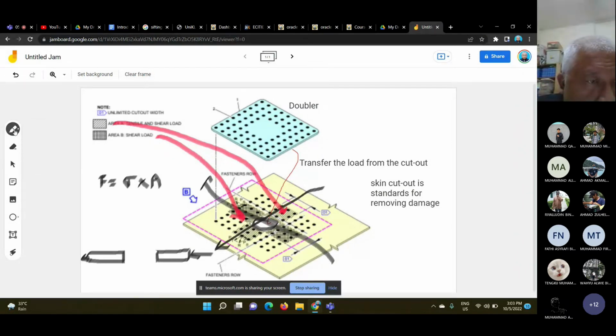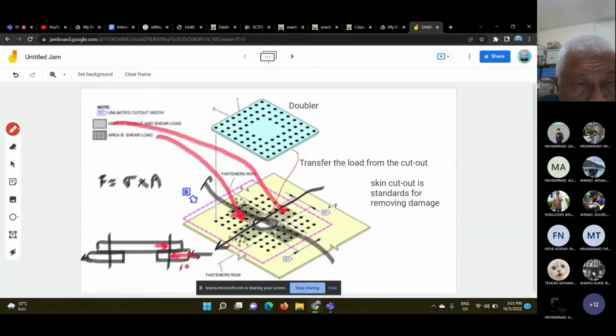So that's why you install a doubler. So the doubler, install rivets. I just show one rivet. We install rivets. So the load now will go to here, and they see the rivets, and they transfer across. See equilibrium.